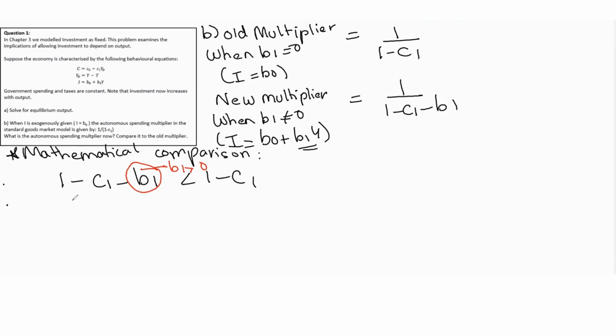This is the denominator of the new multiplier, and this is the denominator of the old multiplier.